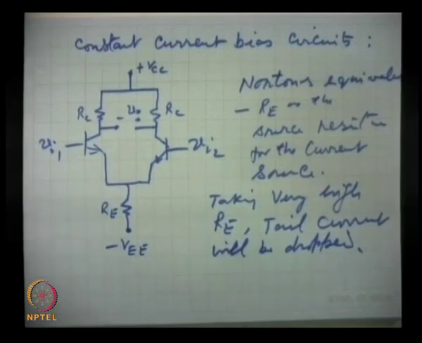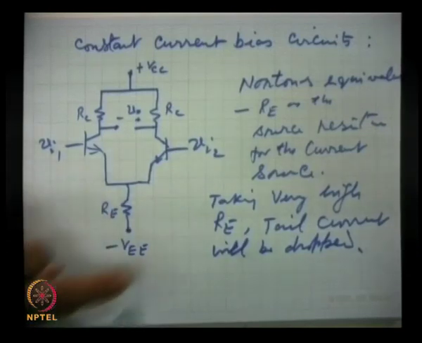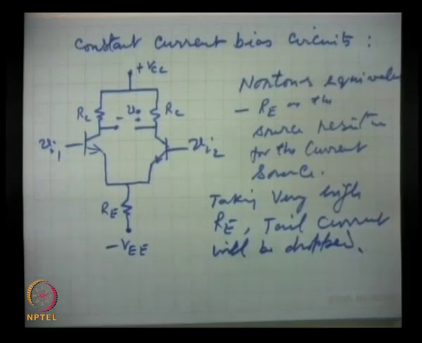So, for a better circuit, this is replaced by a transistor, and a constant current source can be fabricated by using a transistor, a BJT. So, what will be the circuit? That is this.